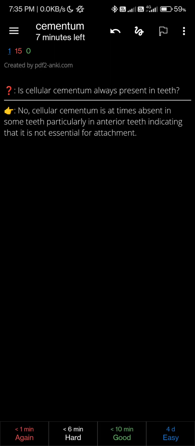Acellular cementum's function is attachment. Now, cellular cementum at times is absent in some teeth. Particularly, cellular cementum is not always present.